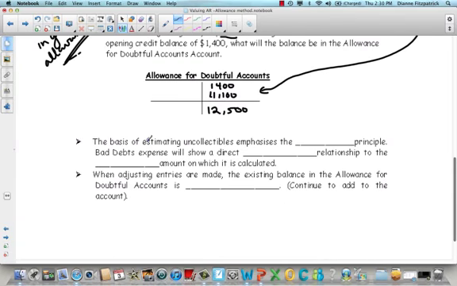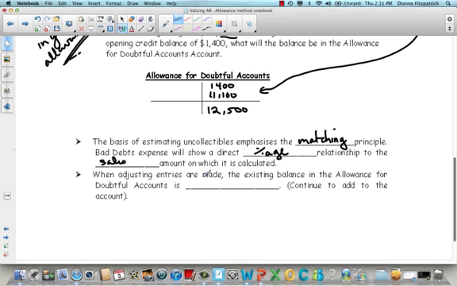So again, I'm going to reiterate this. The basis of estimating uncollectibles emphasizes the matching principle, which we all know isn't really a GAAP anymore, but nevertheless important. And bad debt expense will show a direct percentage relationship to the sales amount.